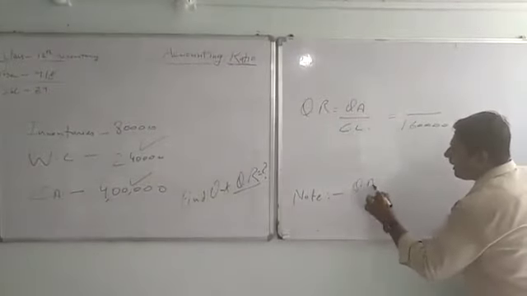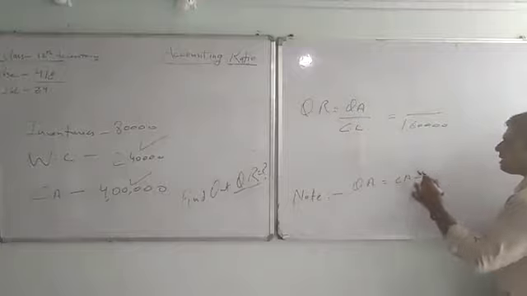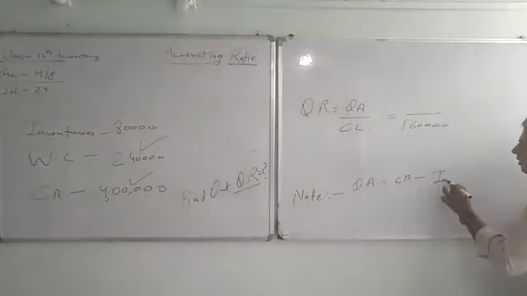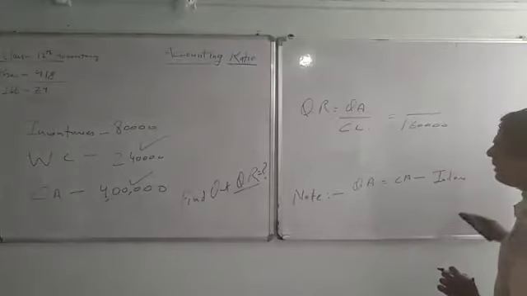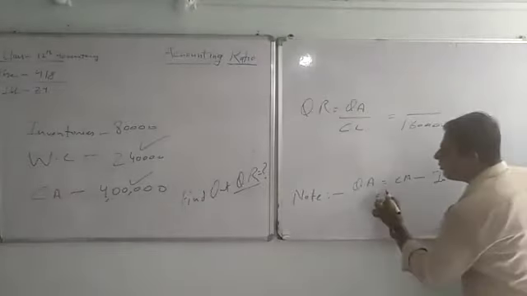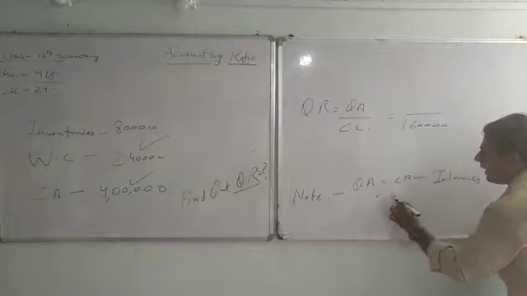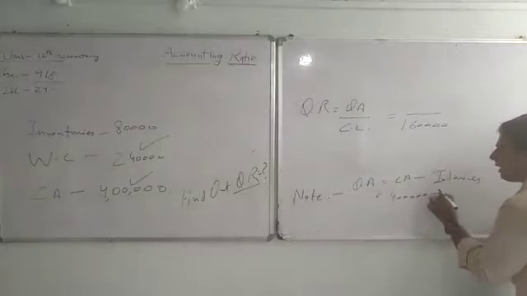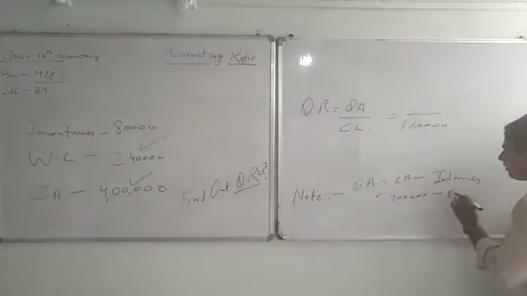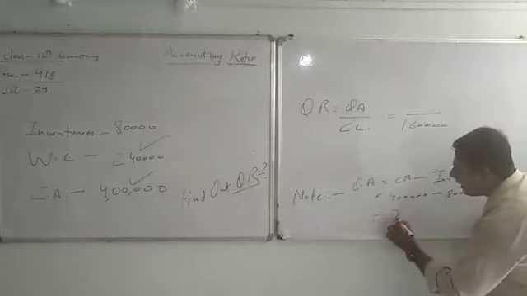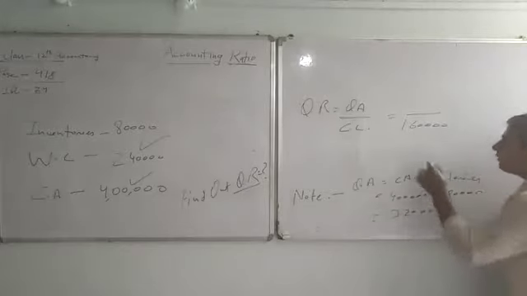For quick asset, what do we have to do? Current asset minus inventories, because inventory is not converted within the short period. That's why it is deducted. 4 lakh minus 80,000 is 3 lakh 20,000.